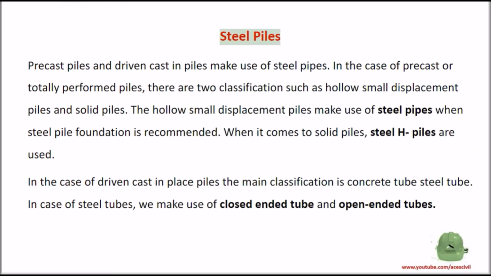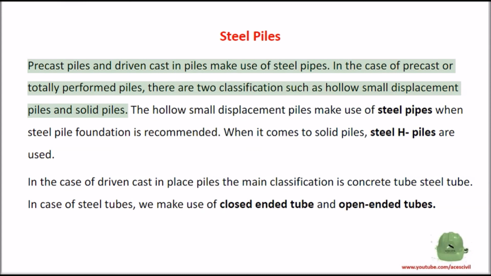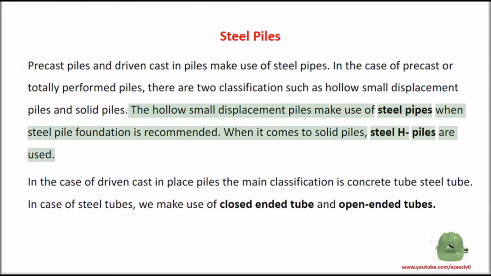Steel piles. Precast piles and driven cast-in piles make use of steel pipes. In the case of precast or totally preformed piles, there are two classifications such as hollow small displacement piles and solid piles. The hollow small displacement piles make use of steel pipes when steel pile foundation is recommended.